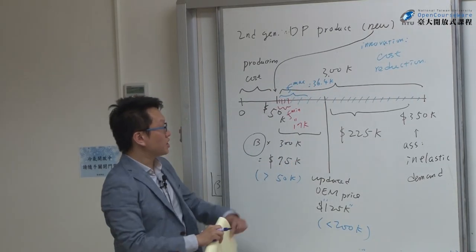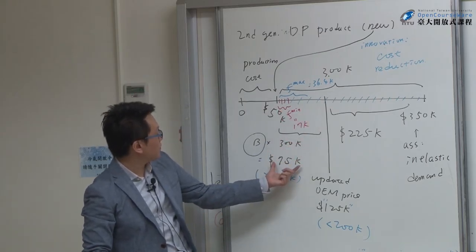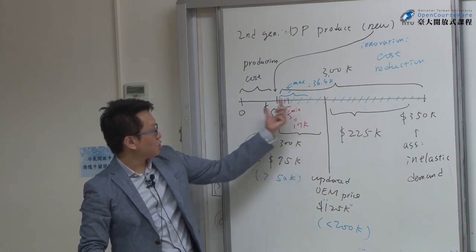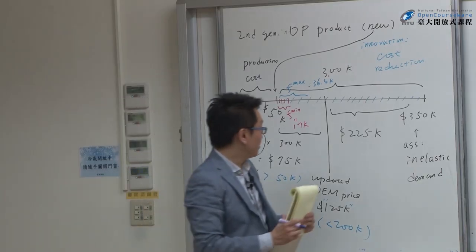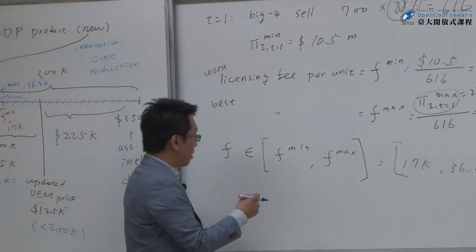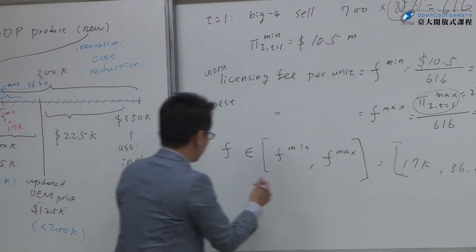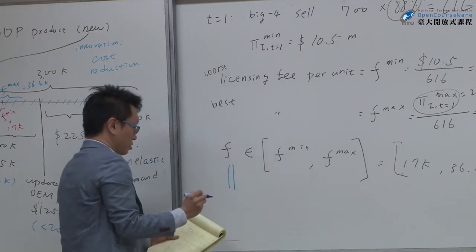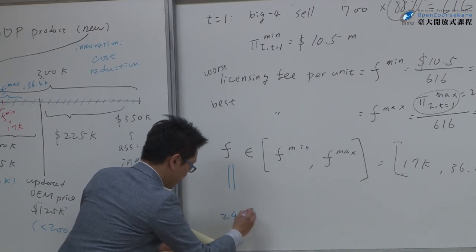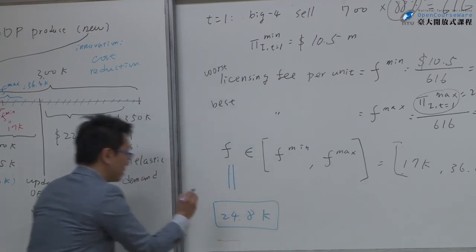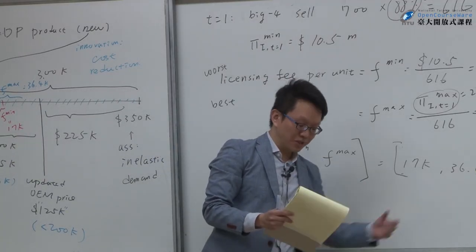So I want to see now, I have the 75K here, and I want to know how much goes to the innovator and how much goes to the OEMs in this range. And now, as the innovator, I want to choose a price from here. So I decided to pick the price of 24.8K. This will be the finalized licensing fee I want to charge, and it is between the range from pi minima and pi maxima.